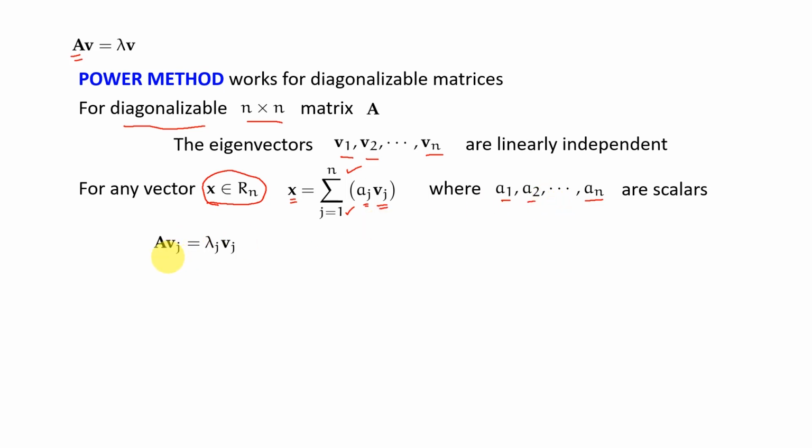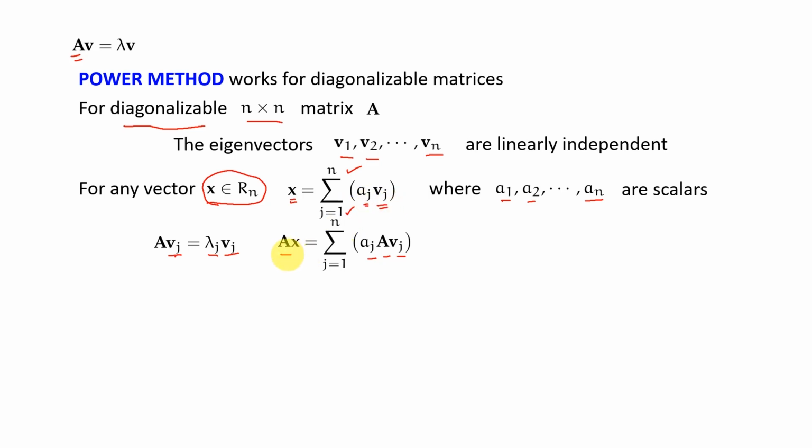Also, I know that A vj equals lambda j vj, since vj and lambda j are the eigenvector eigenvalue pair for the matrix A. Now I can write Ax equals sum aj A vj. This is simply coming from the fact that x equals sum aj vj.